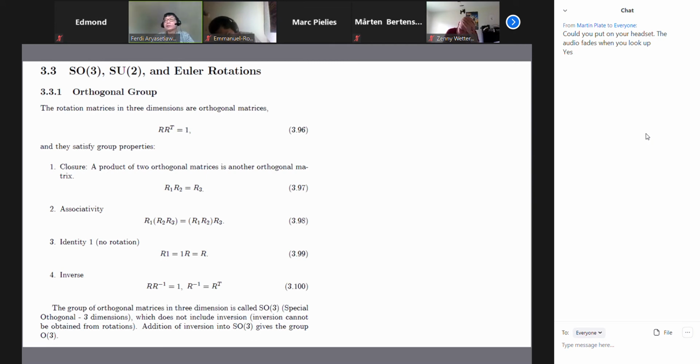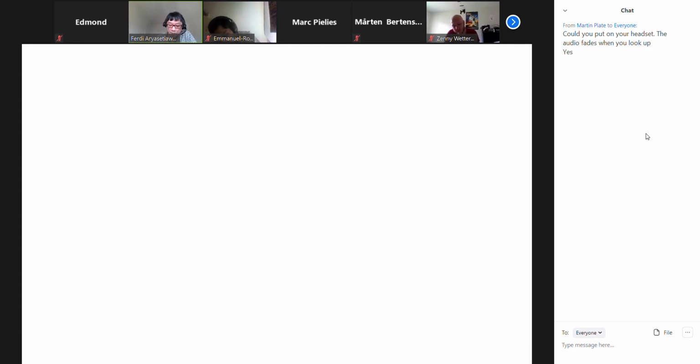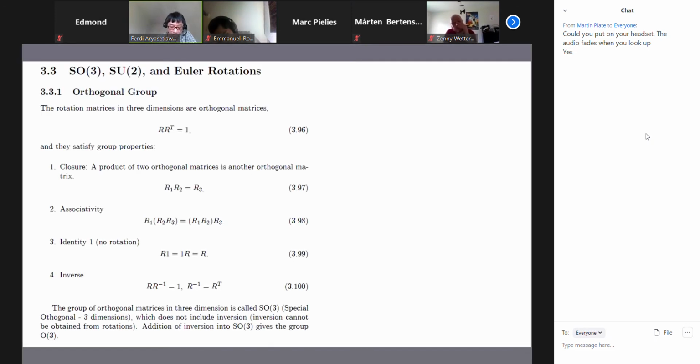So rotations evidently form a group, because if I multiply two rotations, like R1 and R2, for example, that will just give me another rotation. One way to think about this is to replace R1 and R2 by orthogonal matrices.